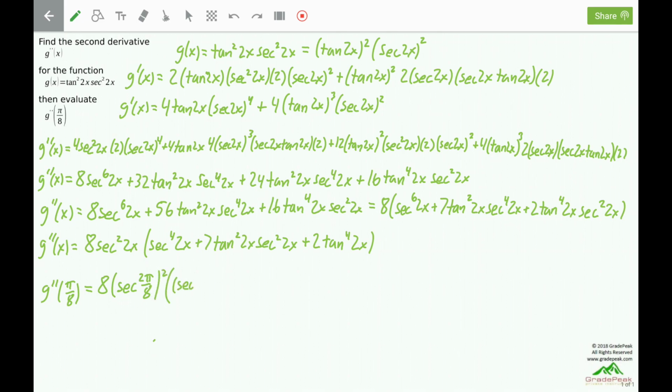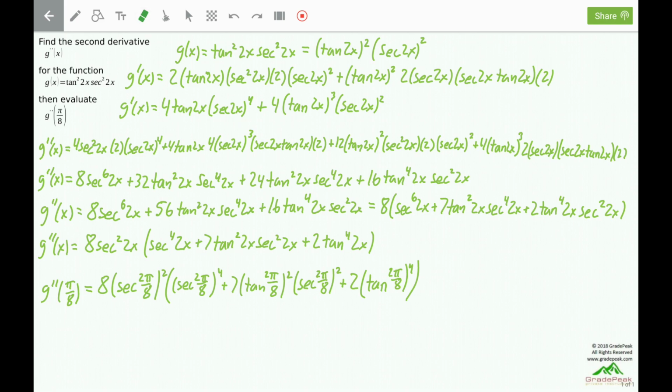Likewise, the secant to the fourth means the secant first, and then raise it to the fourth, plus 7 times the tangent squared, which means tangent first, then squared, secant first, and then square, plus, and then 2 times tangent to the fourth means the tangent first, and then to the fourth.